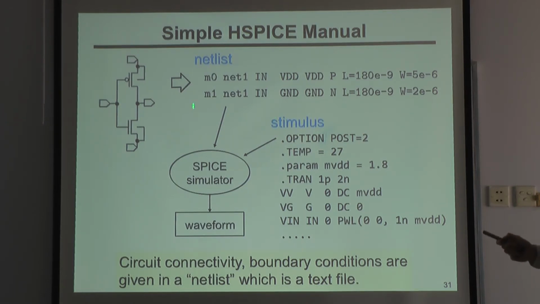And separate from this netlist, we want to make another file called stimulus. This has options, the temperature is 27 degrees, VDD is 1.84, and what kind of input we use.